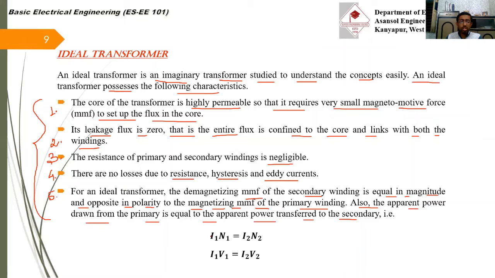So for an ideal transformer, we consider that I1N1 equals I2N2. That means the MMF, the ampere-turn, is constant, and the power input V1 I1 equals the power output V2 I2.